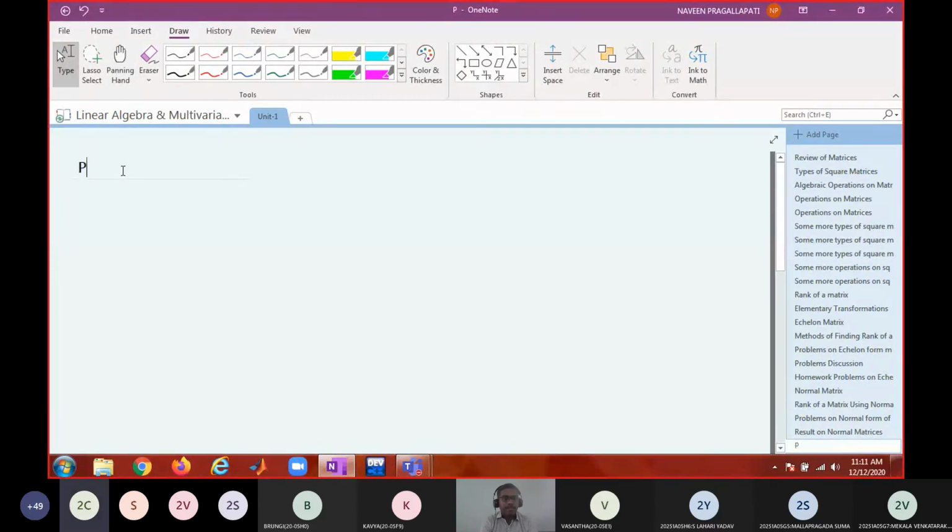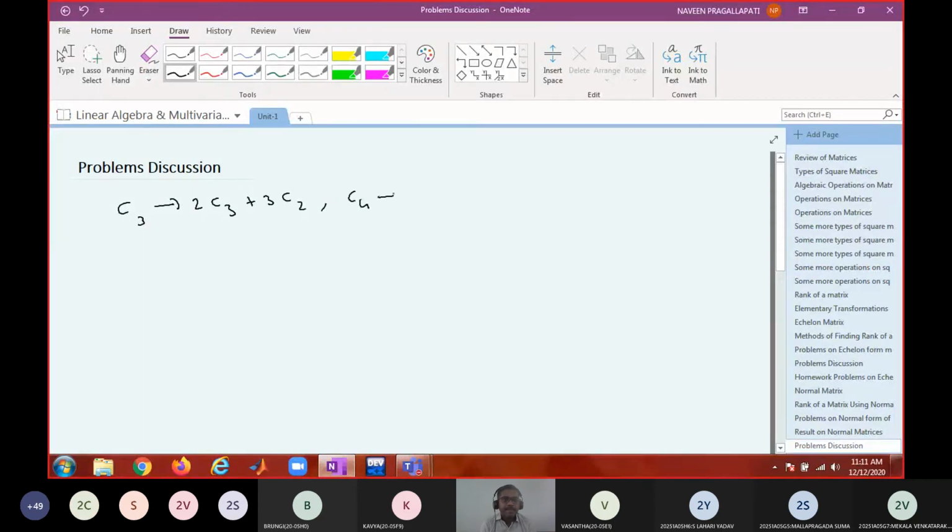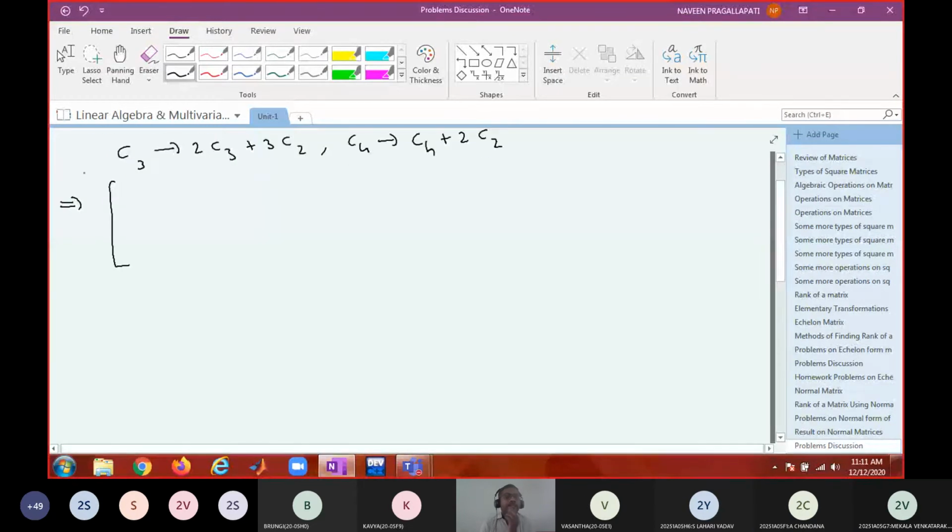C3 gets 2C3 plus 3C2 and C4 gets C4 plus 2C2. Now can you tell me the columns? What is the first column? Minus 1, 0, 0.